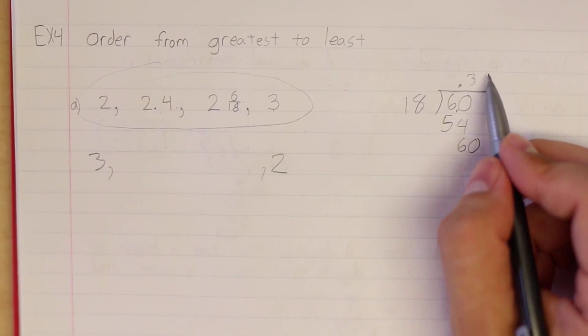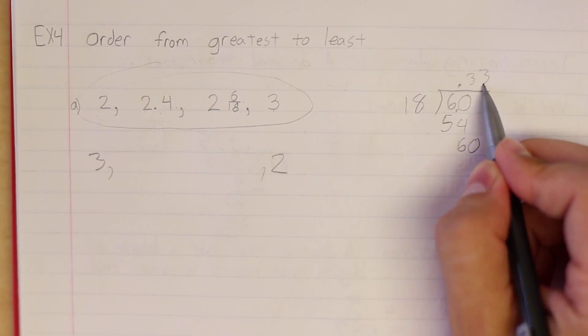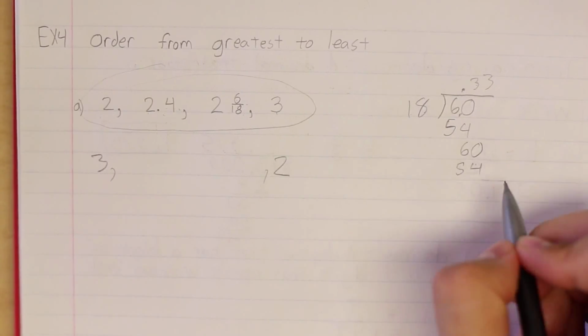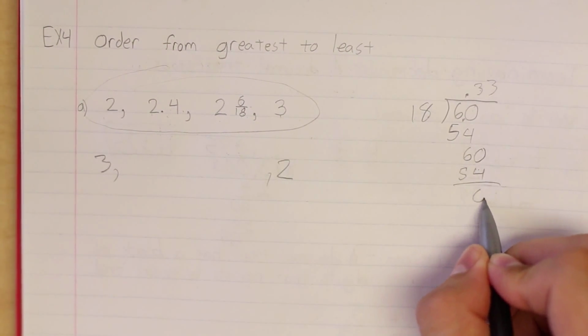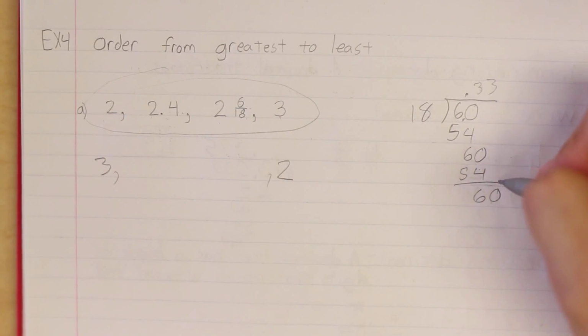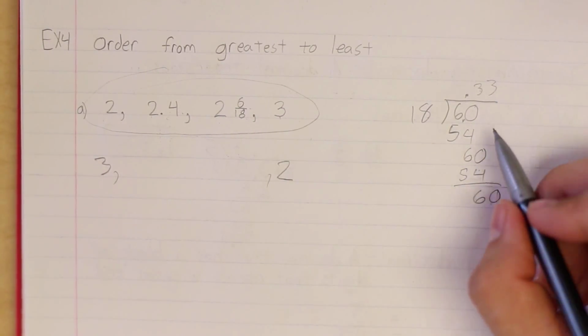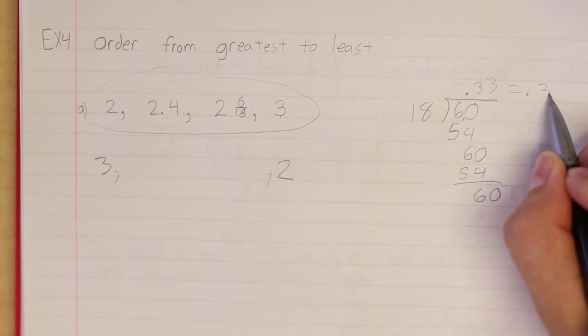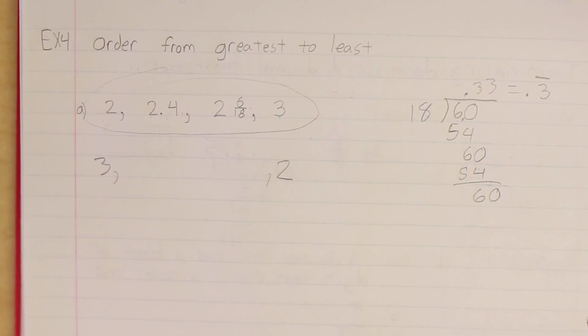You multiply back. Hey, we've already done this. You get a 3. Multiply back. After you subtract, you're going to get that. Bring it down. You notice a pattern forming here and up here? Yeah, this is going to equal 0.3 repeating.